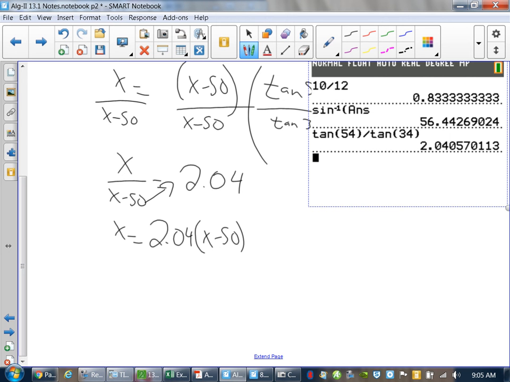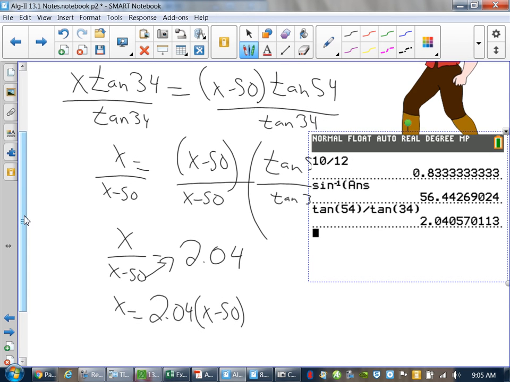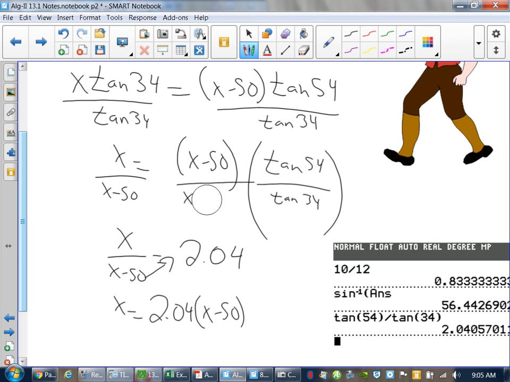Yes, ma'am. How did you, after you divided tangent 34 by tangent 34, what did you end up with? I'm confused. What happens here is, before I did these two steps, I brought this over to here. So this just gives me some crummy decimal. That's just some number. I don't know what it is.